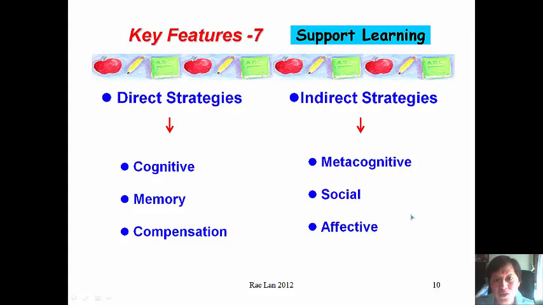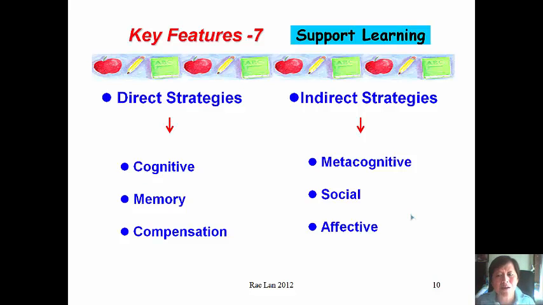All right, moving on to the next feature for language learning strategies. We believe they support learning. In other words, they do not only include the direct strategies that are directly related to language learning, namely the cognitive strategies, memory strategies, and compensation strategies.